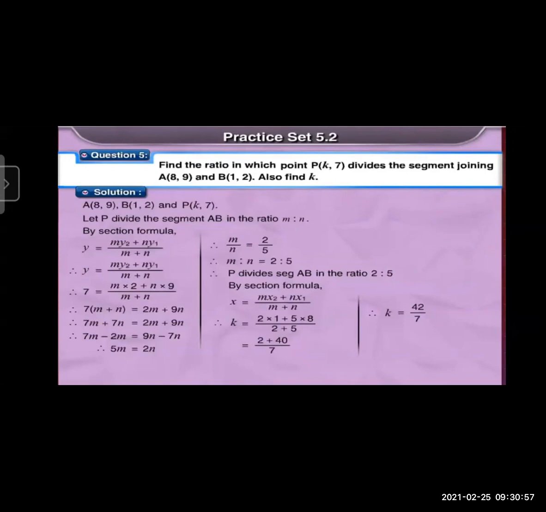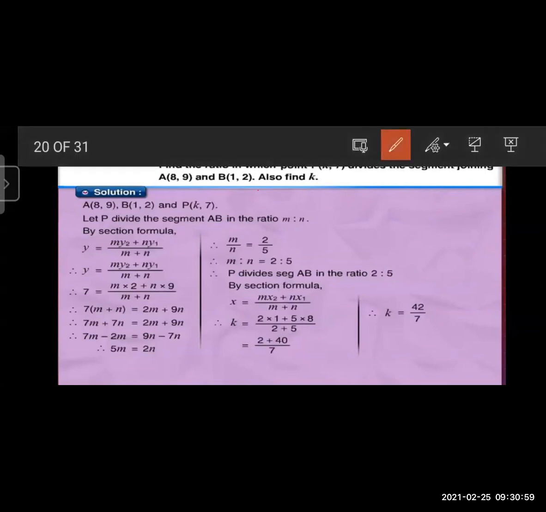Then they ask to find the value of k. Here point P divides AB in the ratio 2 is to 5, so we again use the section formula. At that time we consider the x coordinate formula.